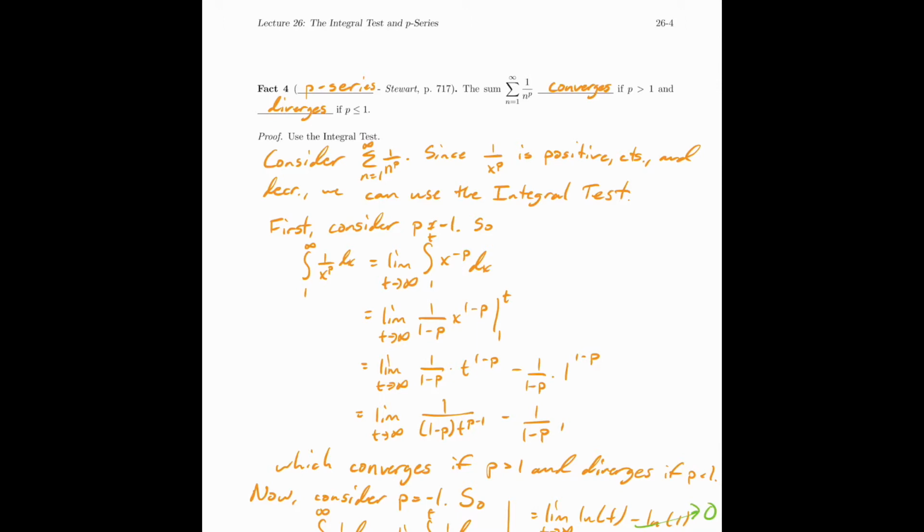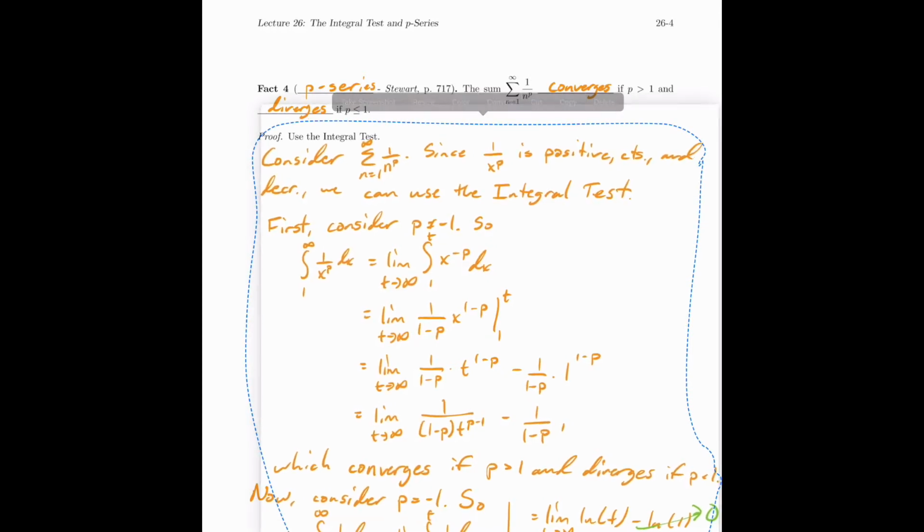All right, and then just to state the conclusion, which we should always be doing, let's shrink this a little bit.